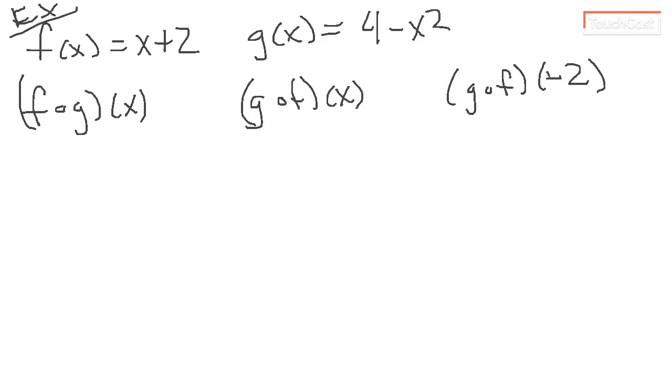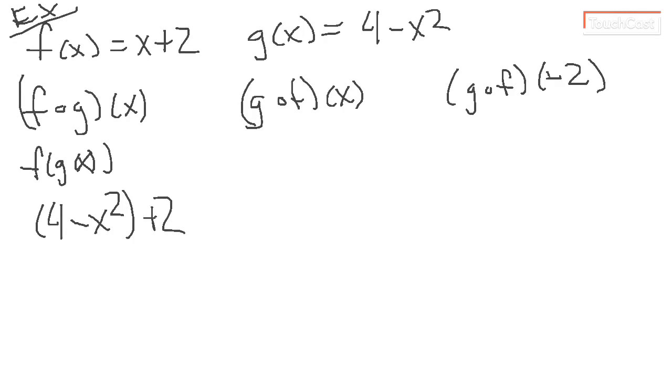So let's find the fog, f of g of x. If we're looking for f of g of x, all we're going to do is wherever we have an x in f of x, or in x plus 2, we're going to replace it with 4 minus x squared. So let's do that. We're going to have 4 minus x squared plus 2.